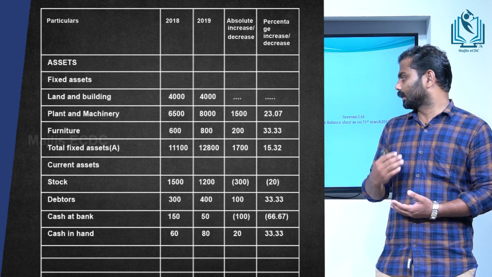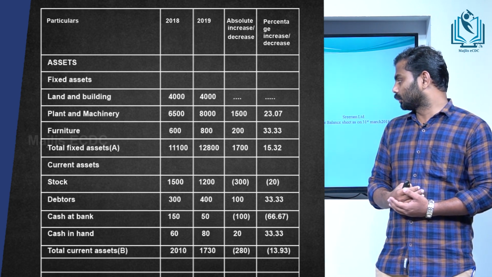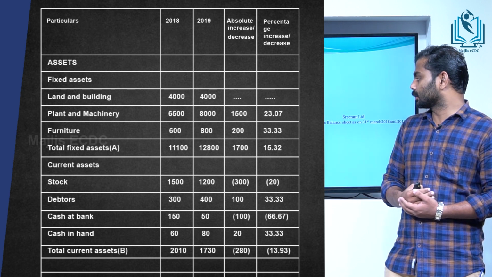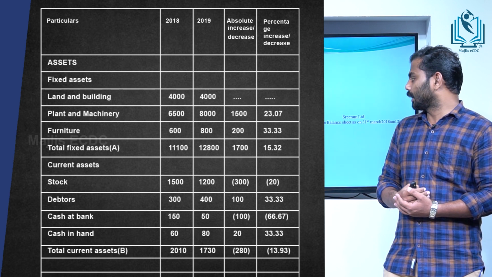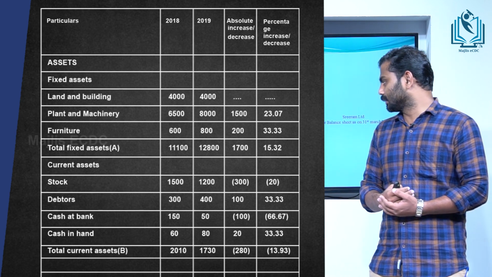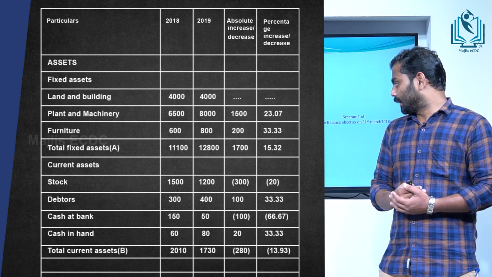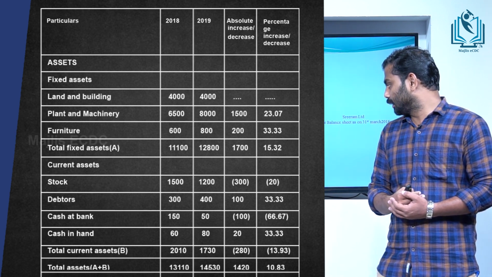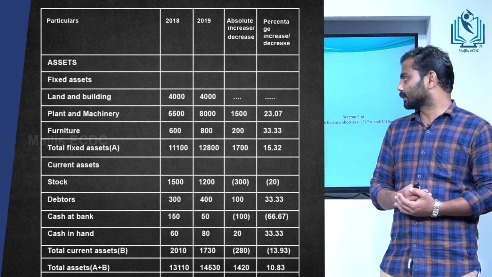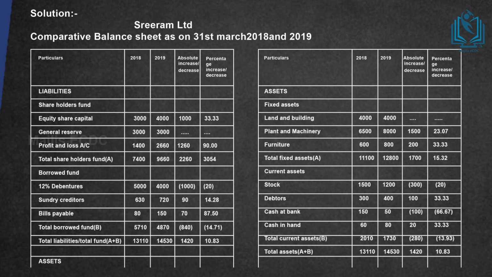Total current assets in 2018 rupees 2010 and 2019 rupees 1,730 and absolute decrease in current assets rupees 280 and percentage of decrease 13.93%. See the comparative balance sheet of Shriram Limited.